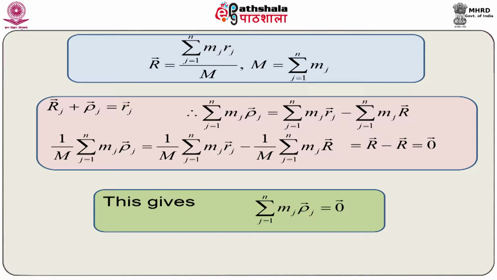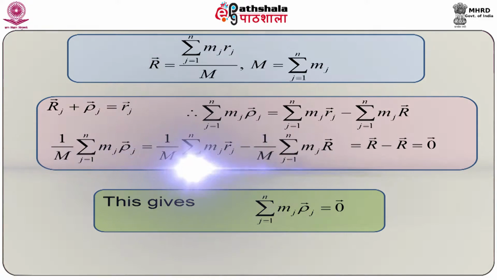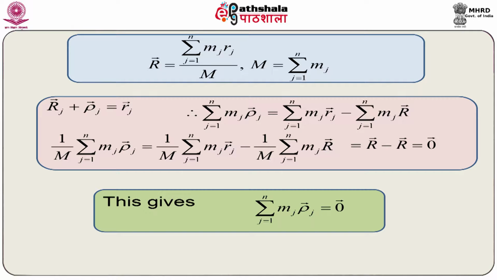Now, using the vector triangle law from the figure, one can find that R_j vector plus rho_j vector equals r_j vector. Multiplying this relation by mass m_j and taking the sum over j equal to 1 to n, we get this result.